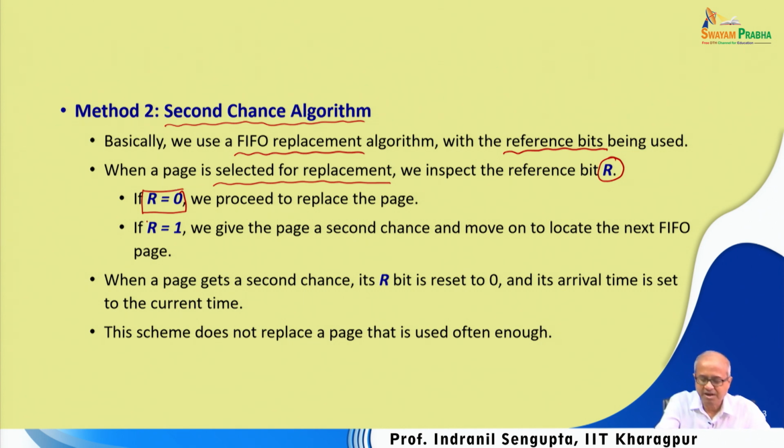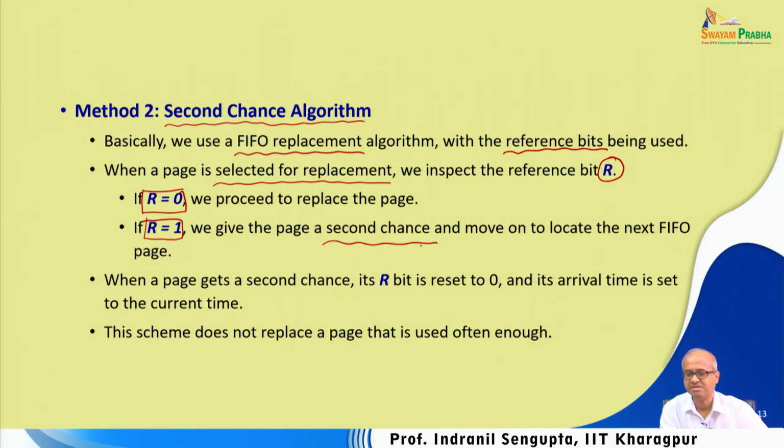But if you find R equal to 1, it means the page is the FIFO page, but R equal to 1 means it was accessed in the recent past sometime. It was accessed, that is why the R bit was set to 1. So, in such cases you do not replace the page. You give the page a second chance.